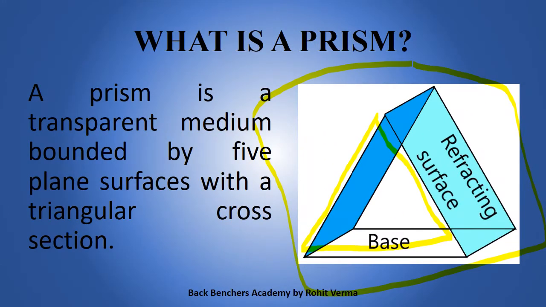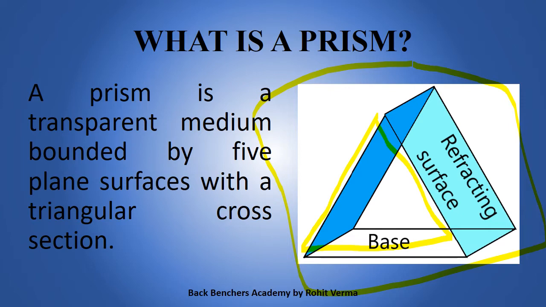So what is a prism? Let's see. A prism is a transparent medium bounded by five plane surfaces with a triangular cross section, as we can see. If we look at the right side of the slide, this shape resembles the triangular cross section area that is highlighted in yellow right now.